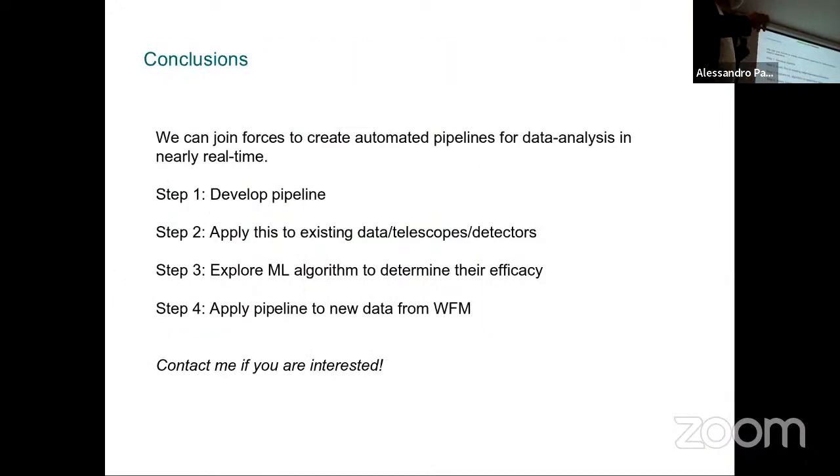Okay, so the conclusion of this is that I'm trying to create this group. So far, there's only me and Manu interested. You don't need to, if you're a student or a postdoc, say, well, 2027 looks far beyond my career horizon. That makes it interesting, but we can apply this to existing data, telescopes, detectors, different wavelengths.